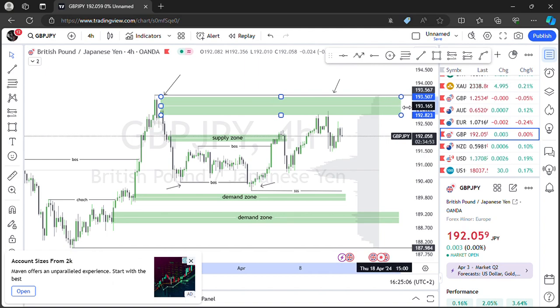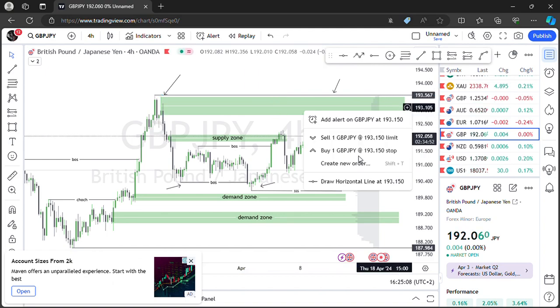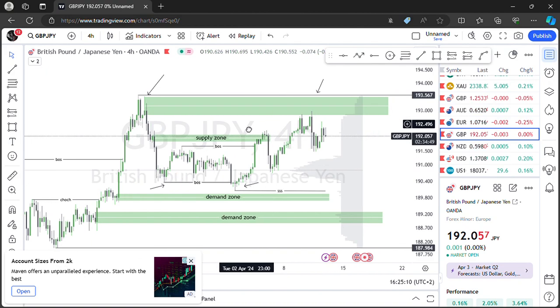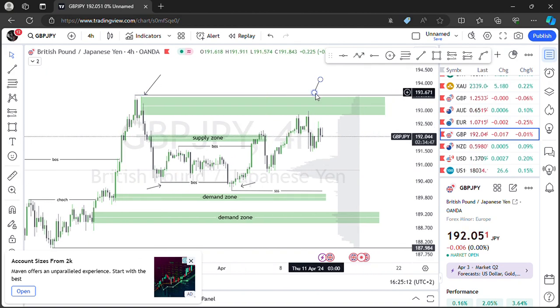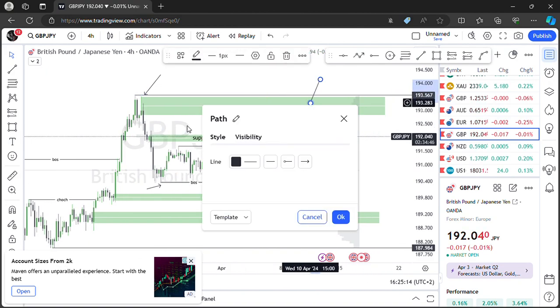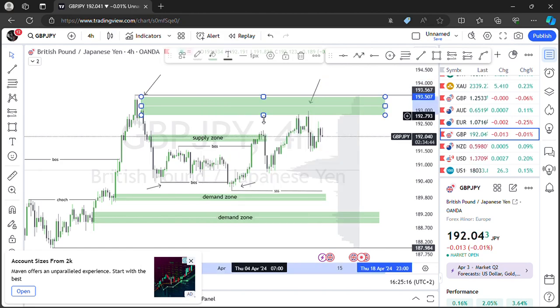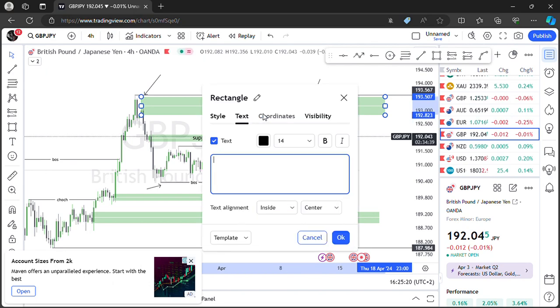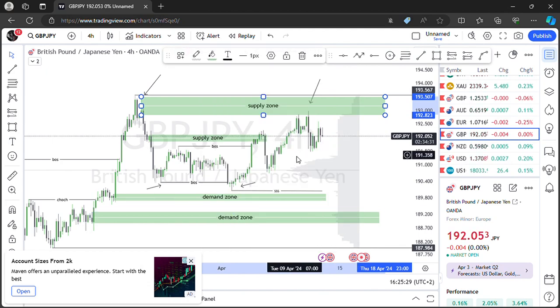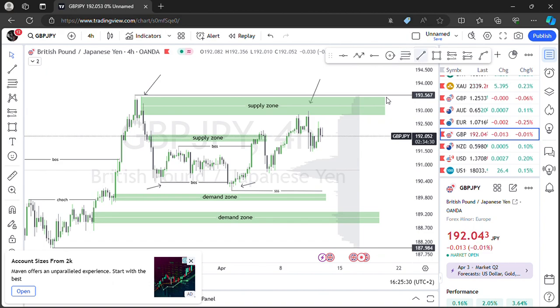So we can definitely see that our supply zone was tested here. The market tested our overall supply zone, so you need to mark it as your supply zone. And then from there we also got the last structure to the upside here.